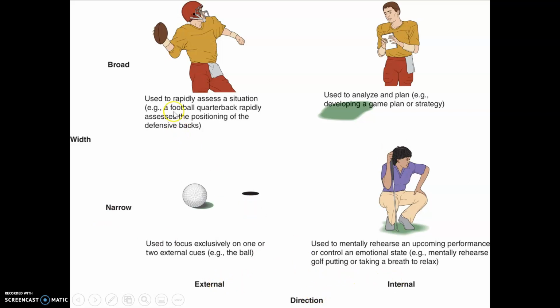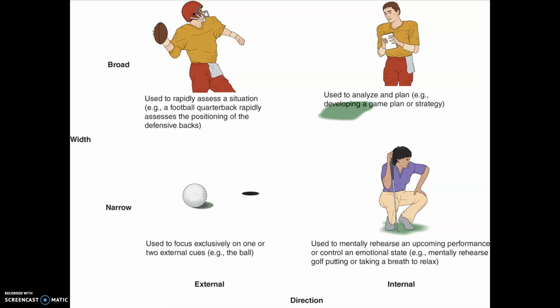A broad external focus might be a quarterback who's assessing the situation he finds himself in, trying to find the open passer. A narrow external focus might be a golfer who's focusing on the ball and the hole.